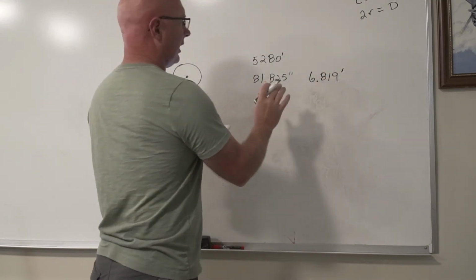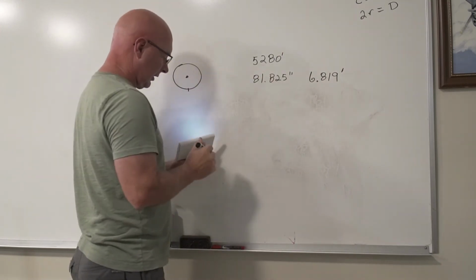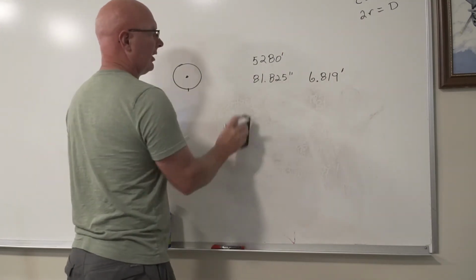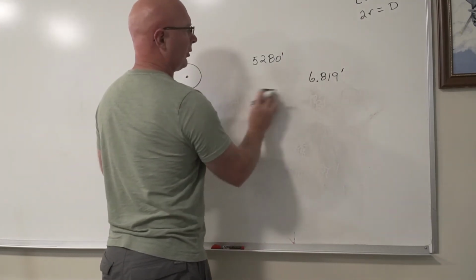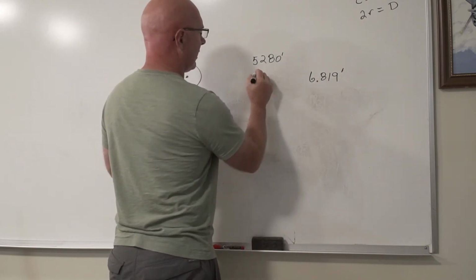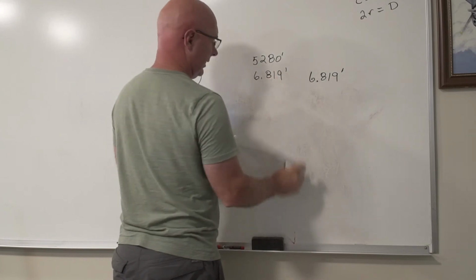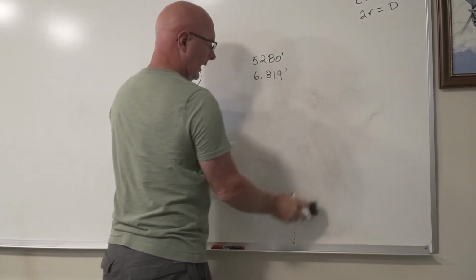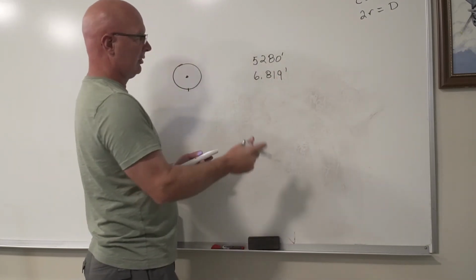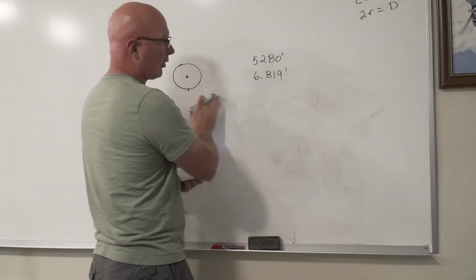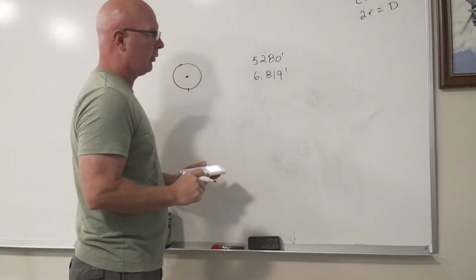So right now we're going to get rid of this number because we're no longer interested in the inches. We're only going to be working with the feet. So I'm going to write that over here, 6.819 feet. So in 1 revolution, we move across the ground 6.819 feet.